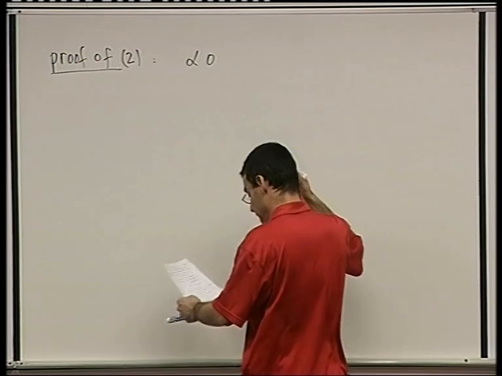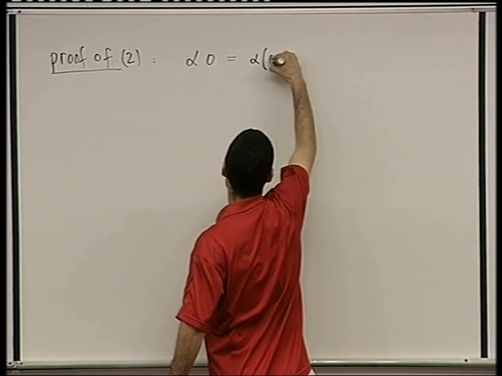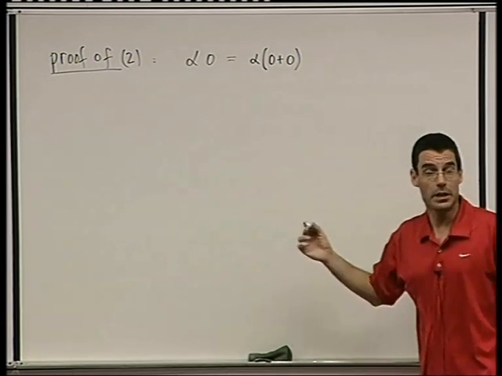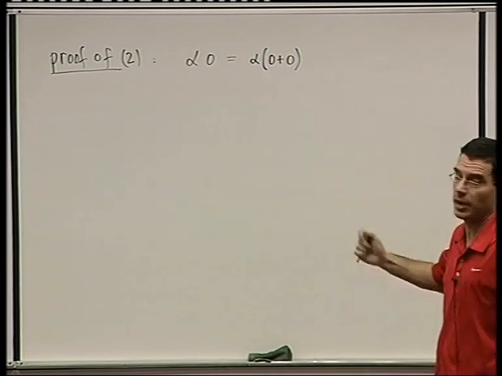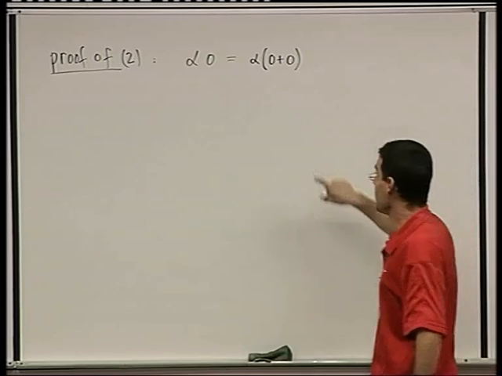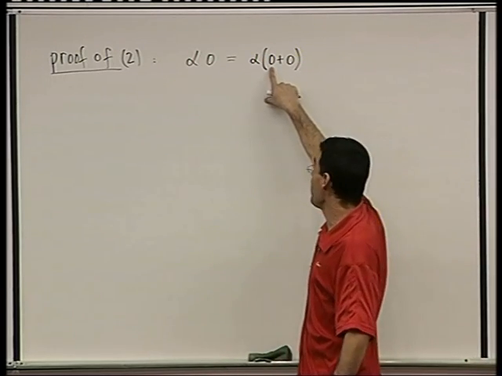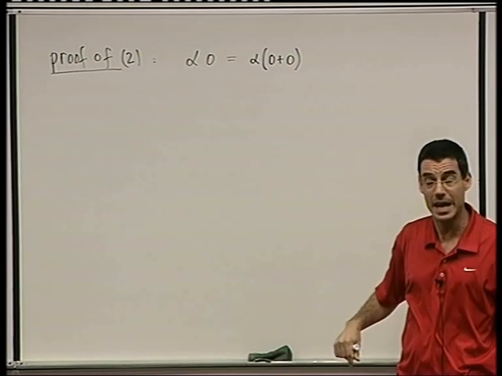Okay, so alpha times 0. Do you agree that this equals alpha times 0 plus 0? Why? You can't just agree because it looks convincing. You have to show why this follows from the axioms. Because 0, this is the vector 0, has this property that whatever you add it to, you get back the thing you added it to, right?